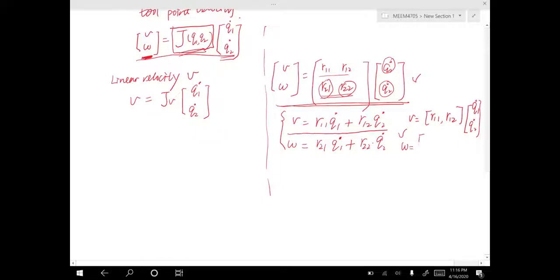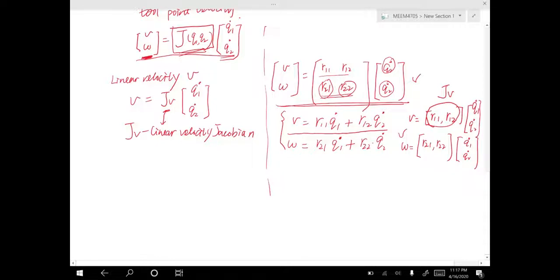Omega equals R21, R22 times q1 dot and q2 dot. Okay, so this is our linear velocity Jacobian. This is called the linear velocity Jacobian, JV.